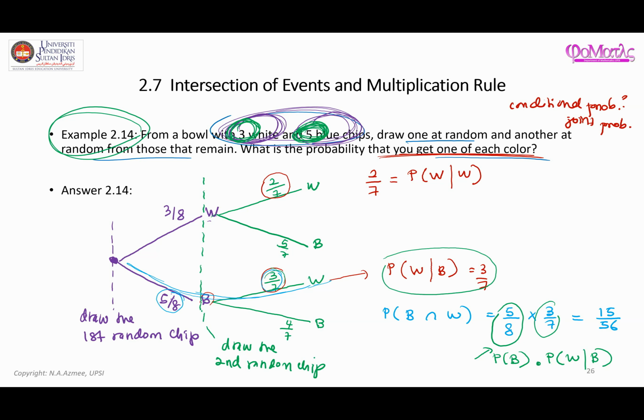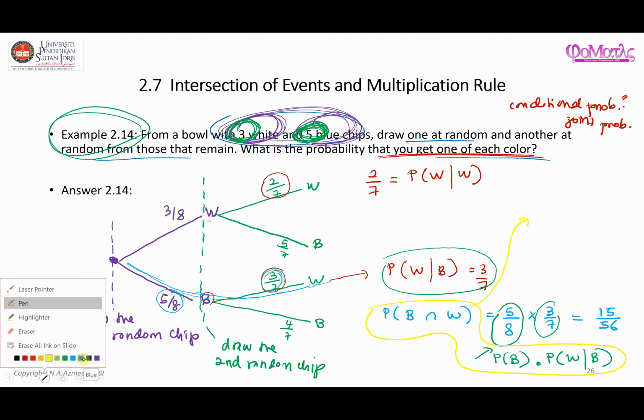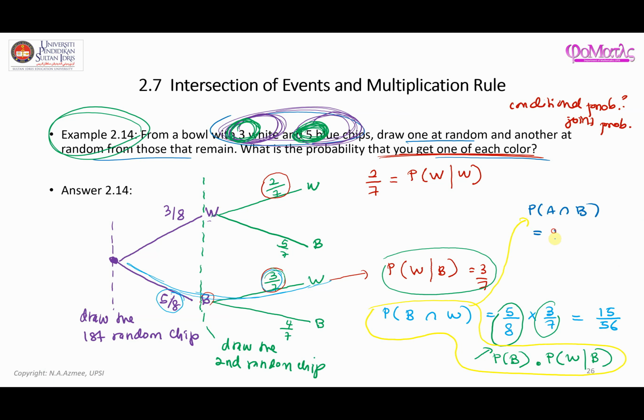I hope you can see that this formula looks like the multiplication rule formula which you have seen in the previous slide, where P(A intersect B) is P(A) times P(B given A).